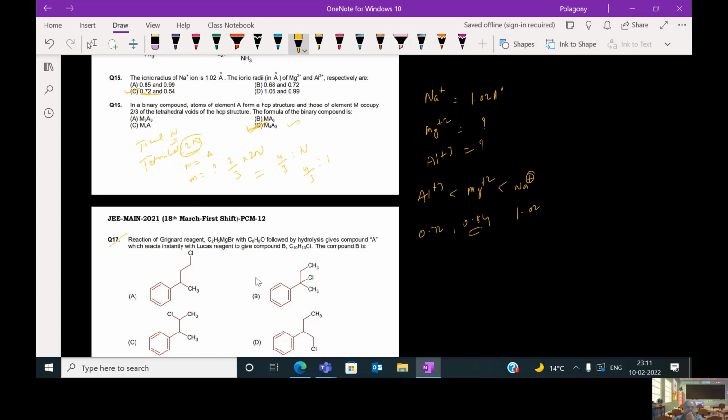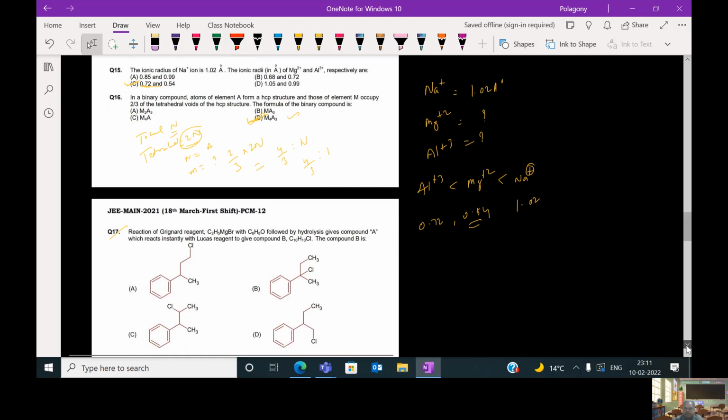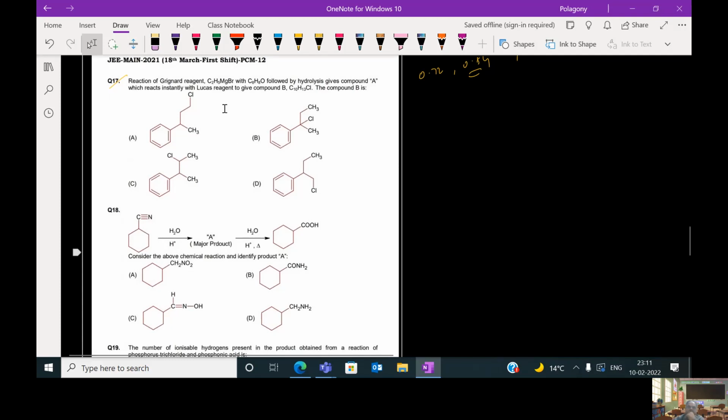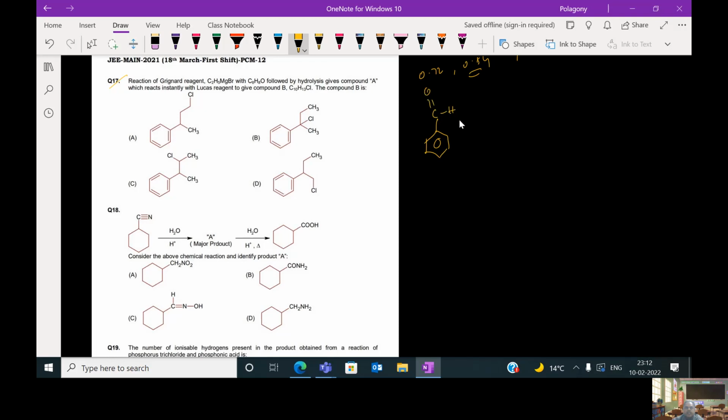Now the next is the 17th question. The reaction of Grignard reagent, C2H5MgBr, with a compound of formula C8H8O, which has a benzene ring of 6 carbons, so here is benzaldehyde.